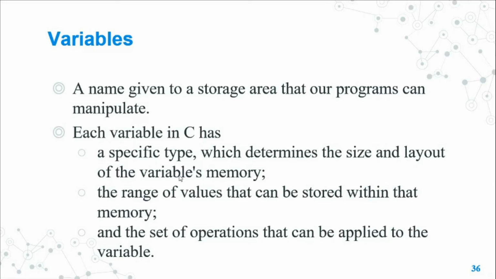But if the variable is of type character, addition may not be possible, because no character can be added to another unless they are converted into ASCII codes. So the set of operations depends on the type of the variable. Each variable has a type, and depending on the type, the range of values and the applicable operations are fixed.